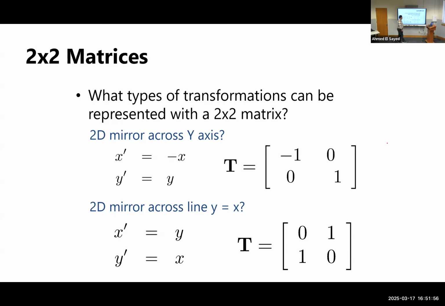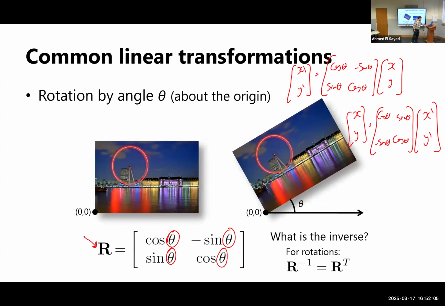Okay? If you want to make a mirror across y equal x, what is the meaning of making a mirror across y equal x? How will it look? So like a horizontal mirror?